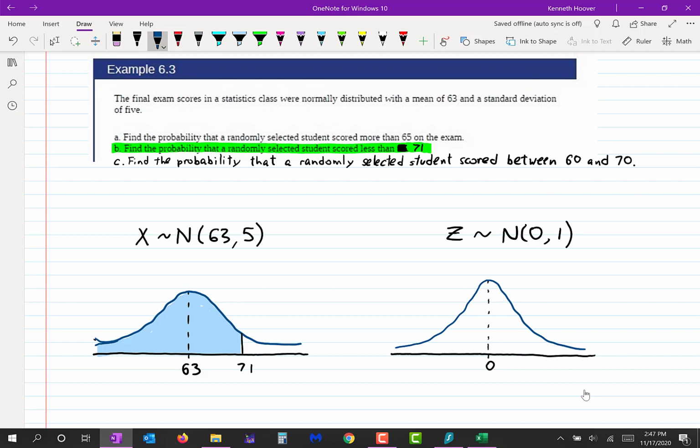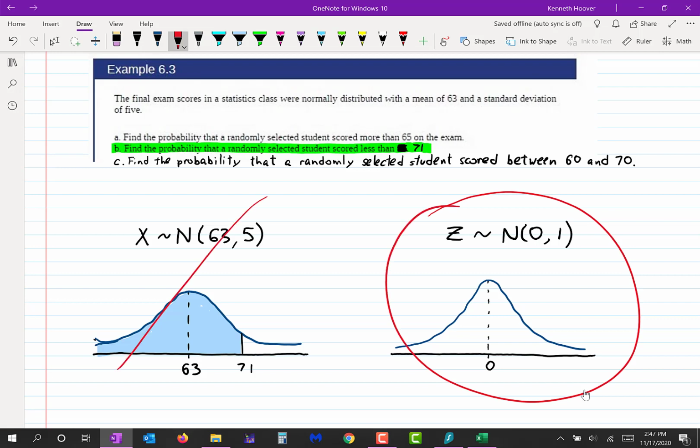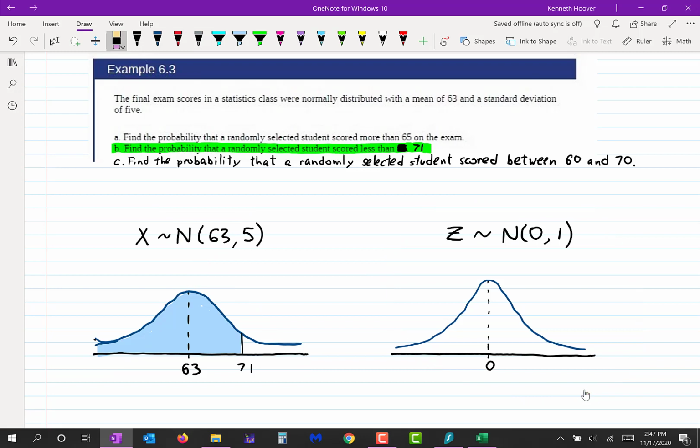Okay? So we have the numbers for this one, not this one. But we are asked a question about this one. So how are we going to answer it?